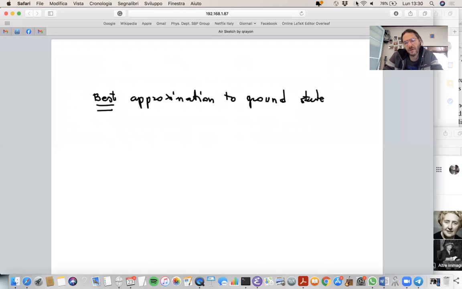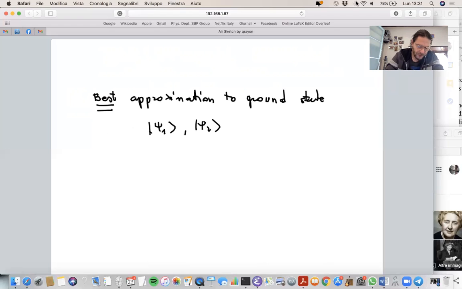So what do I mean? That if I take a state psi, suppose I have two trial states. Let me call them psi 1 and psi 2. Neither of these two states is an eigenstate of the Hamiltonian.